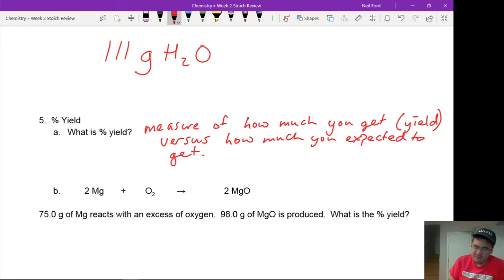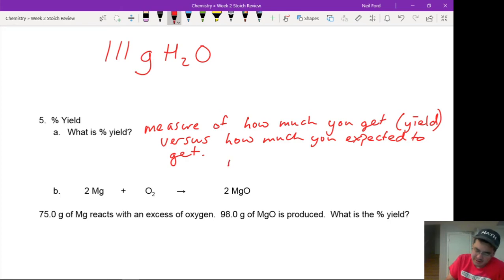We can write out the formula. But this would be like if a farmer expects that, say it's an apple farmer, expects to get 800 pounds of apples off of a tree, but for some reason maybe they had a bad growing season, they only get 400 pounds. Well, 400 pounds out of the 800 they expected, that would be 50%.